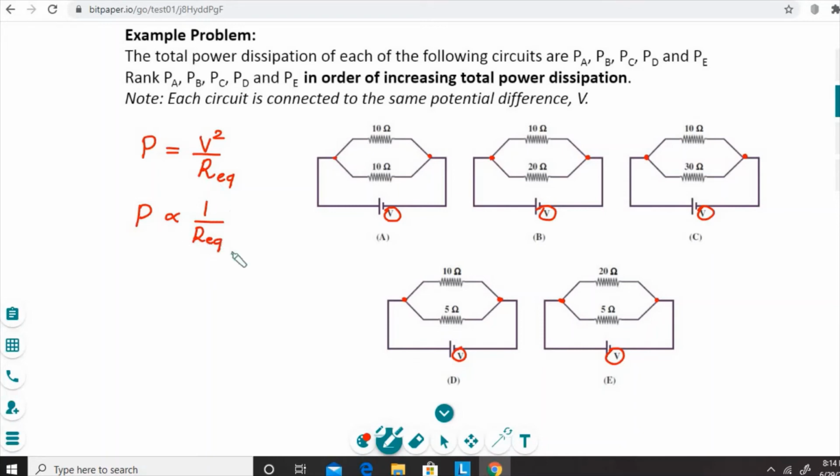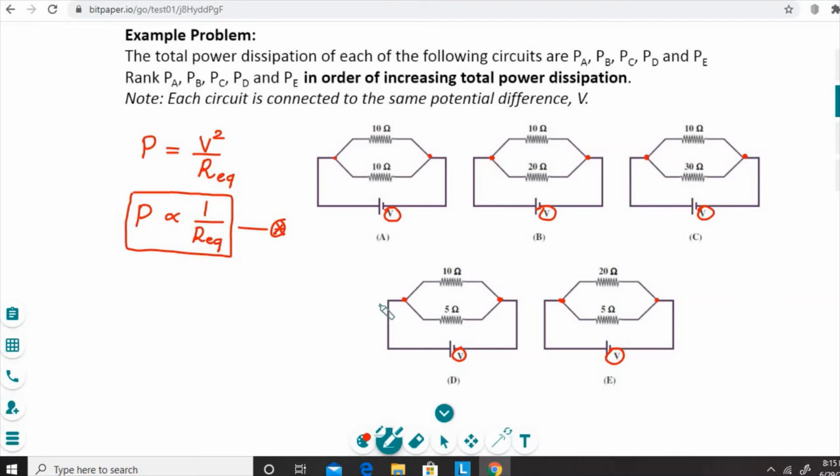So that means there's an inverse proportionality between the power dissipated in the circuit and the equivalent resistance of a given circuit. If the equivalent resistance is smaller, then the power dissipation is greater. That's what this tells you. So this is one important thing that you will need when you try to find the solution for this particular problem.